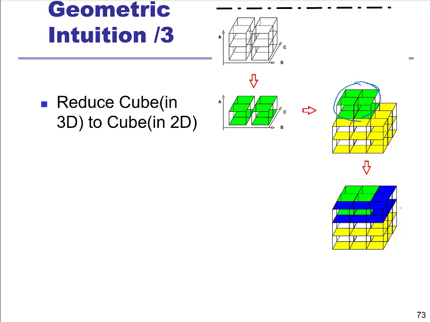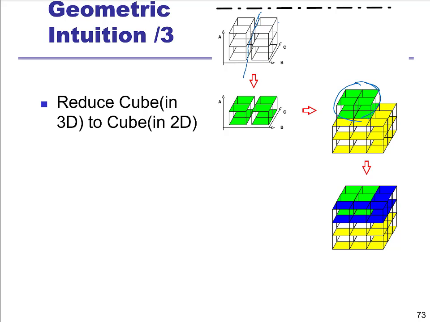Some of you may argue that we can get this green part by, for example, applying a slice on B, right? And you can imagine if we do the slice on B, then for each of the 2D cubes here, we can apply a similar technique to do the expansion.